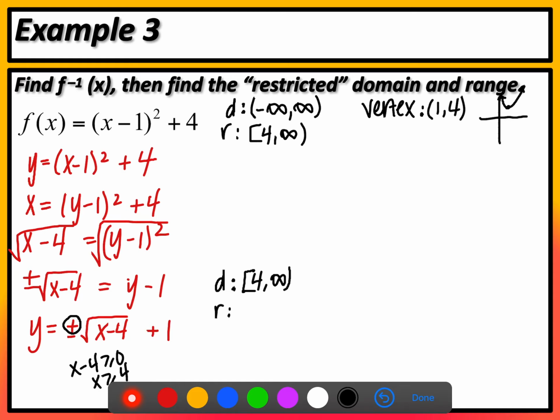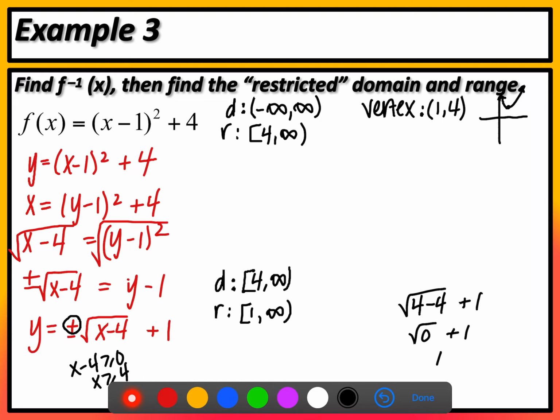Okay, and then if you plug that domain value in to the entire thing, that gives you your range. Okay, and since we're taking the positive, this goes up to positive infinity.